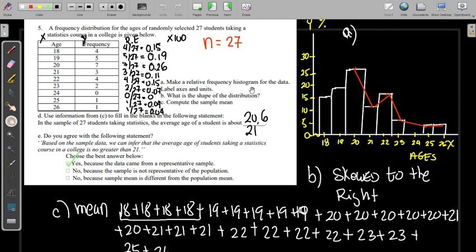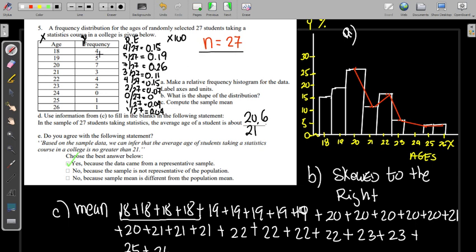Relative frequency histogram is very similar to question number 4, where each of these numbers is a percentage. Here, they didn't give it to me as a percentage, they gave it to me as number of students. So in order for me to change this to a decimal or percentage, I need to know how many students you have together, and together we have 27.